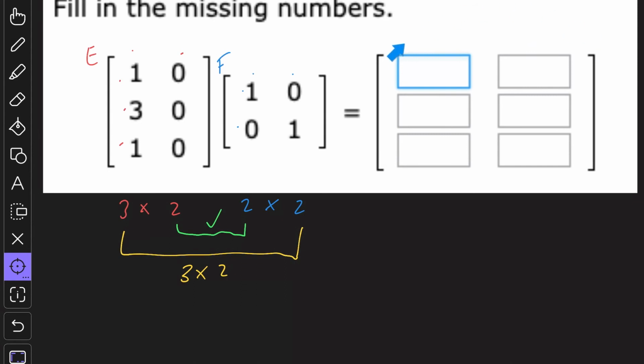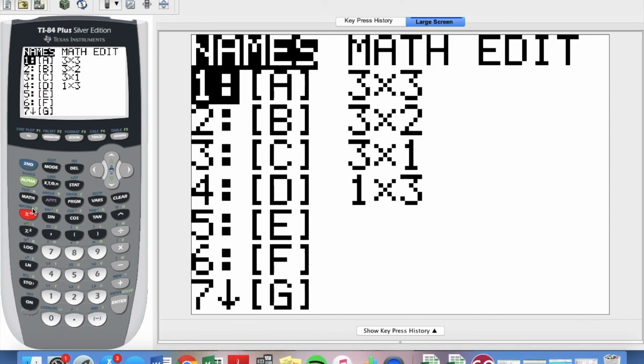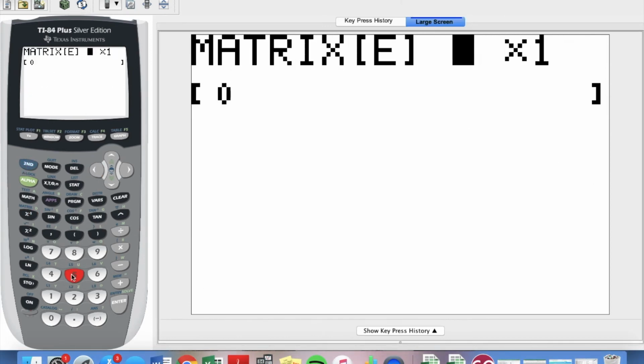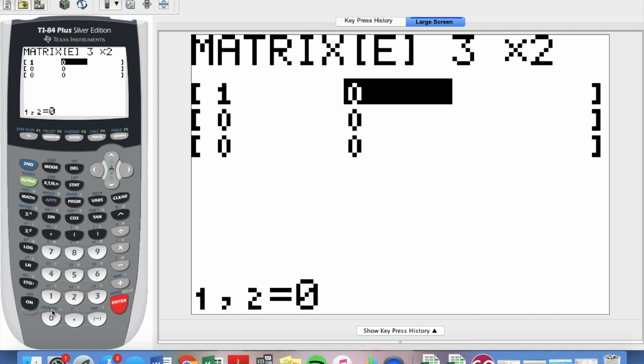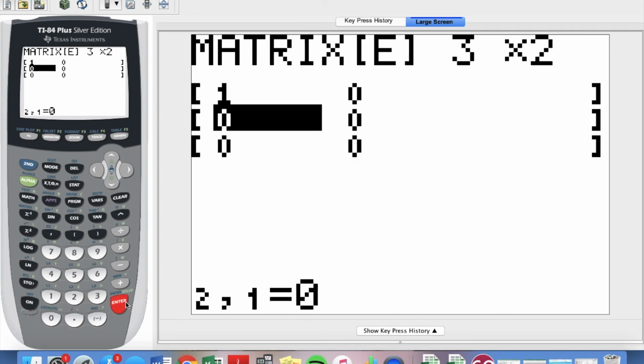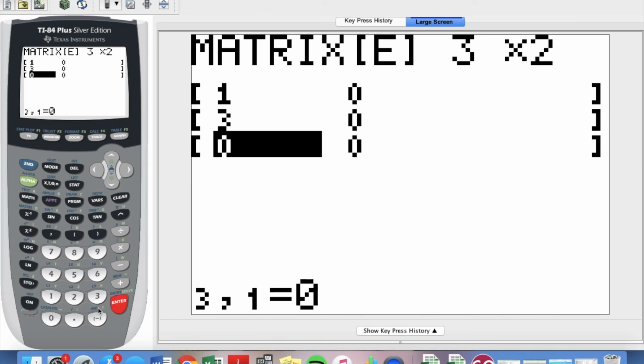And so here we can see that they want us to put in all the answers, which really isn't a big deal. Go ahead and type that into the calculator. Okay, so for our first matrix, I'm going to hit second matrix, and I'll go ahead and edit matrix 5. So E has 3 rows and 2 columns, 3 and 2. That was 1 0, 3 0, 1 0.